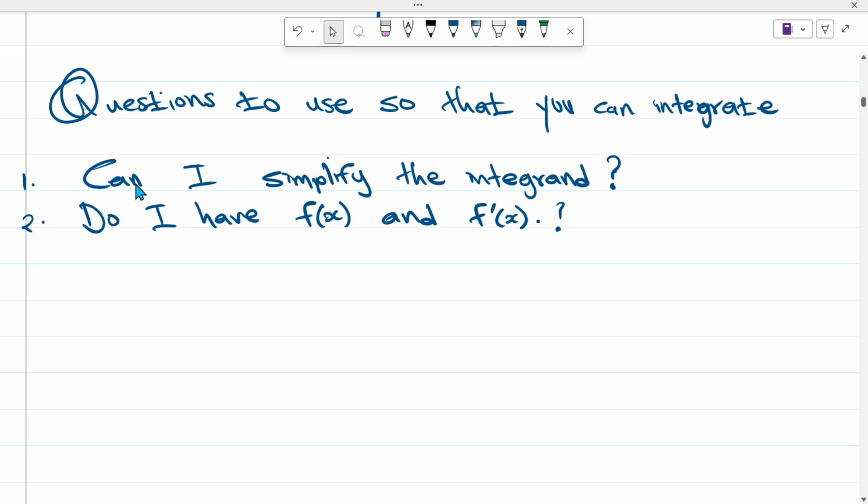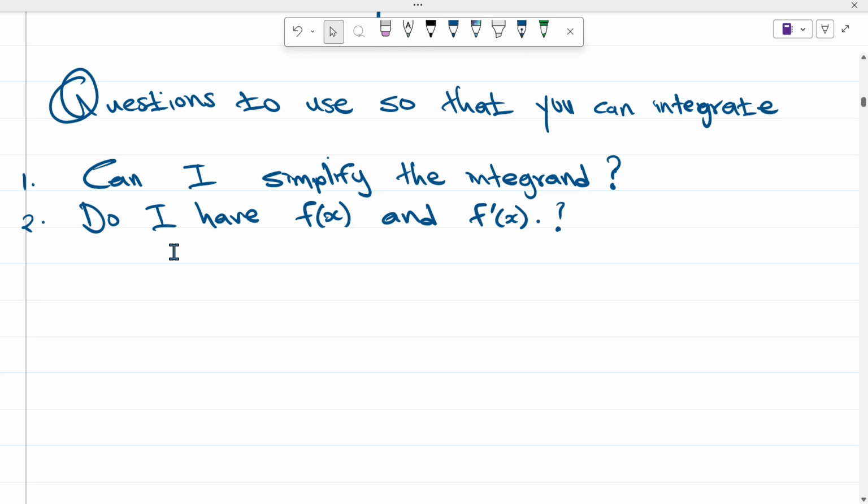So the first question you ask yourself: can I simplify the integrand? If you can, then you simplify so that you can integrate. Number two, you ask yourself, do I have f of x and f prime of x? If you do, then you know that you can use general power rule.